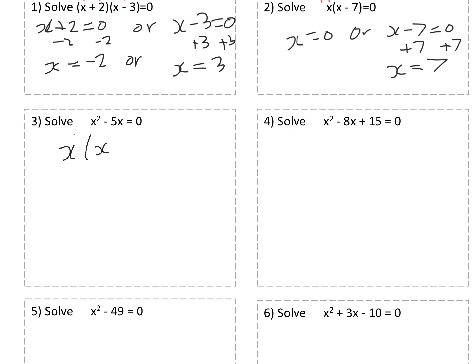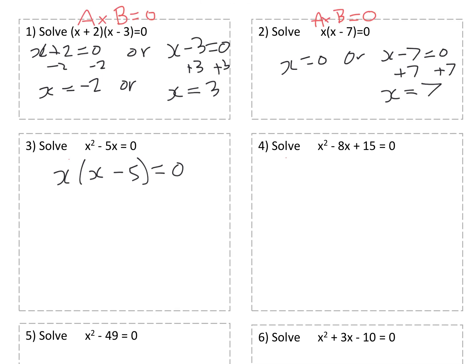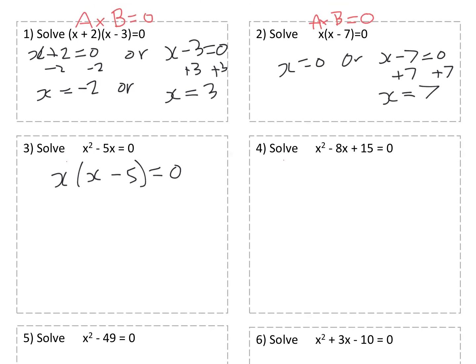X times x is x squared, and x times minus 5 is minus 5x, and that equals 0. And now we've got something multiplied by something else to give 0. So same format as example 2, in which case the x could equal 0 or the x minus 5 equals 0. If x minus 5 equals 0, we add 5 to both sides to get x is 5. Again, we have two solutions.